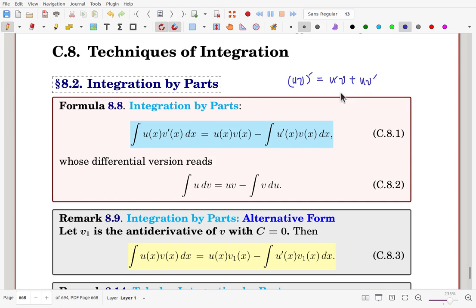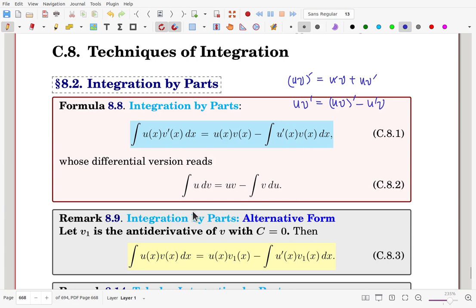Now we are moving this one to the other side, so that UV prime equals the derivative of UV minus U prime V. If we take integration, then it will give this one, and the second term is here, and that is the final one. That is integration by parts.